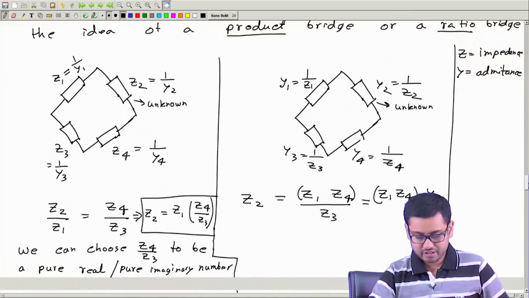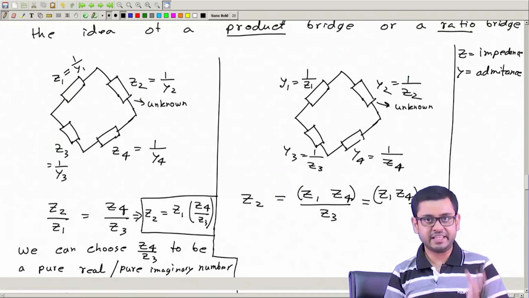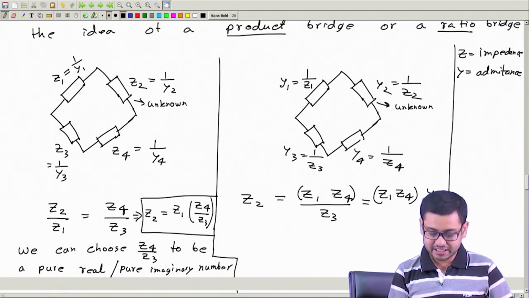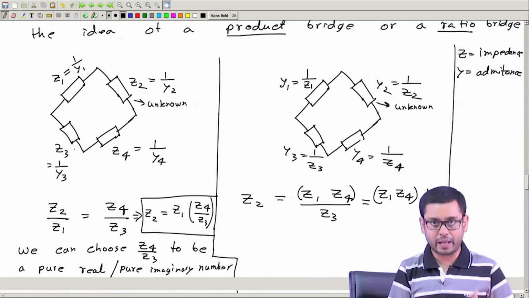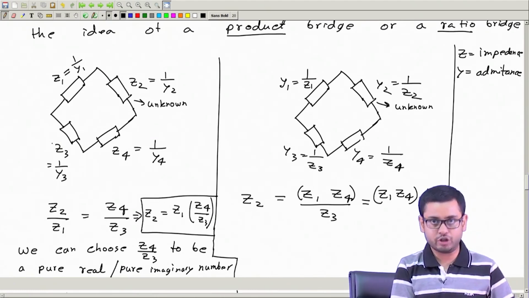Therefore, our goal was one unknown will be given and 3 known arms to be designed. We can design it in this way, keeping this equation in mind. If this is unknown, we can take Z4 and Z3, 2 side by side adjacent arms, to be purely real or purely imaginary, like pure resistance or pure capacitance, or one pure resistance, one pure capacitance, that is also fine.